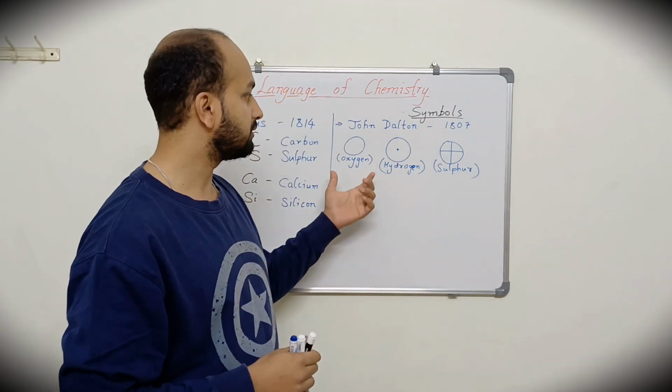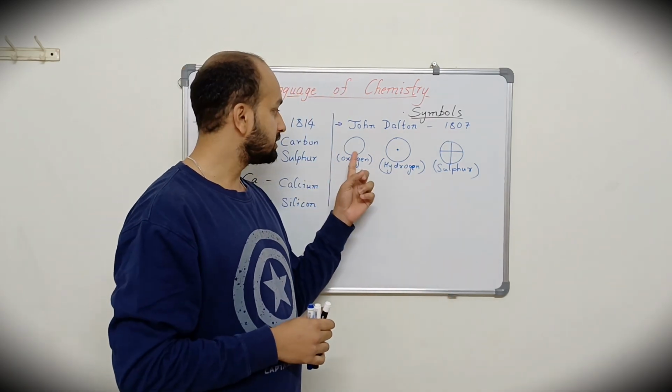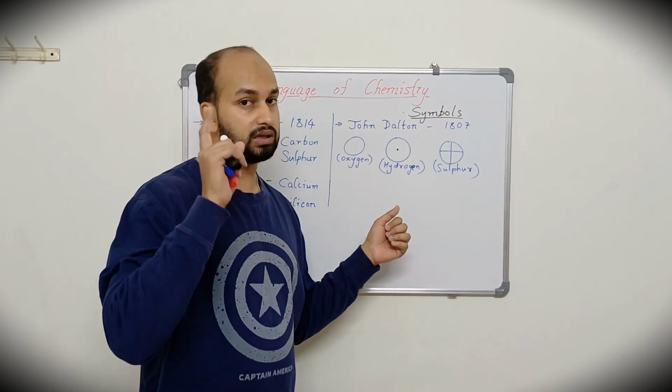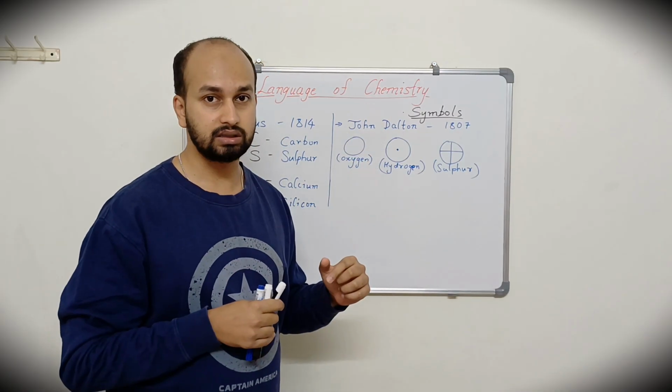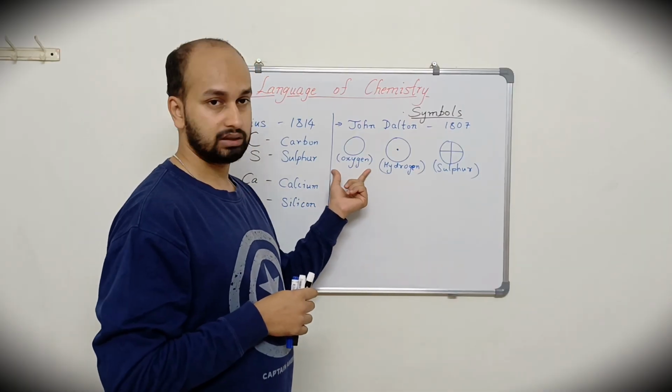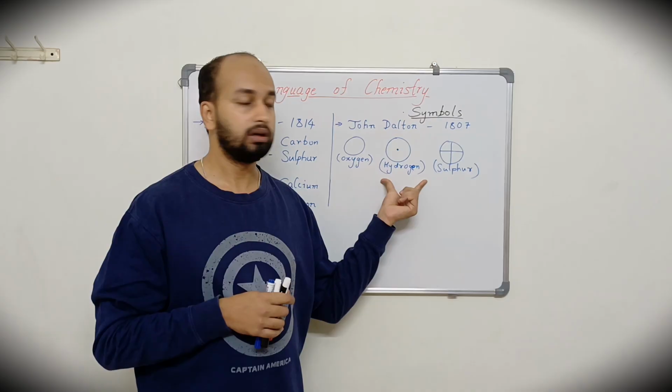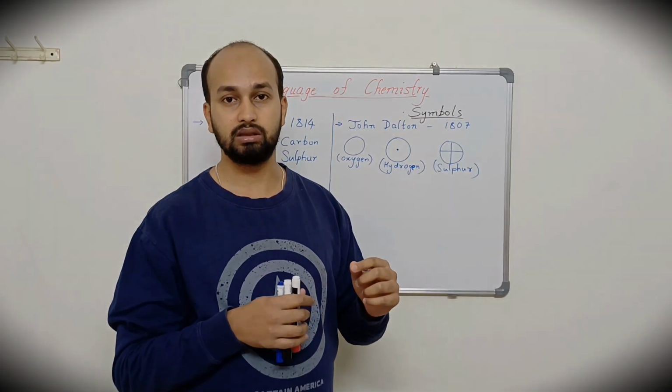Like for example, here, this is how oxygen's symbol was in John Dalton's time, which is written like this. Whereas hydrogen was represented like this, whereas sulfur was represented like this, and so on and so forth.